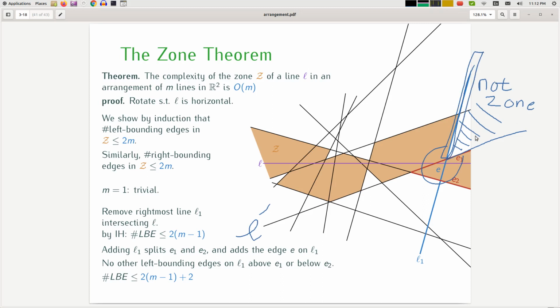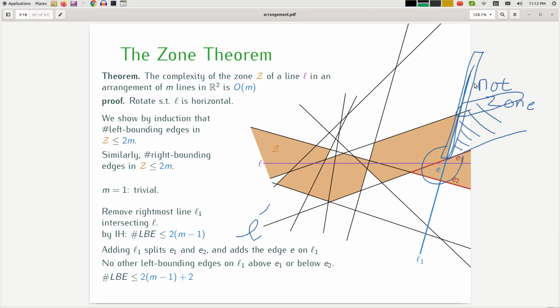Okay, and also over here, because for an edge to be left bounding, the cell to its right should be in the zone, and the cell to the right of all of these cells over here, by definition, is in this area, which is not in the zone of line L. Okay.